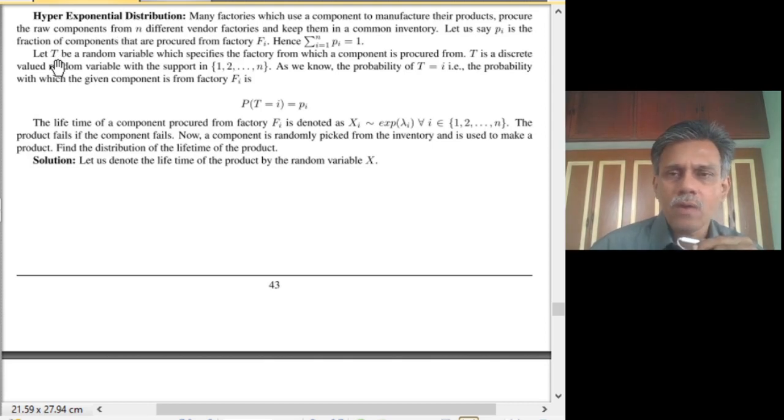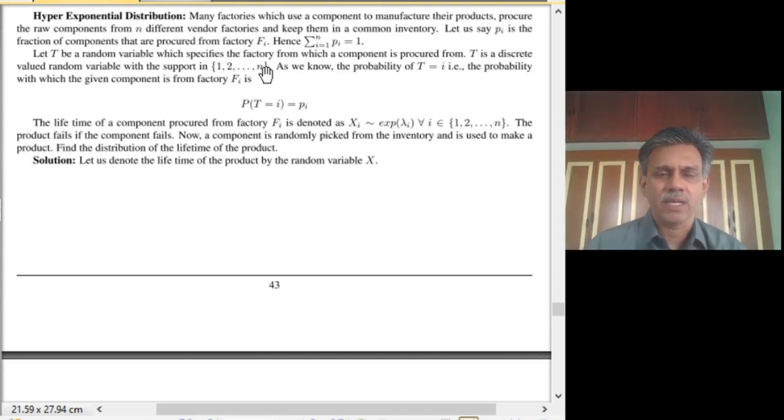Now we will also introduce a random variable t that specifies the factory from which the component is procured. We will give a number for each of the factories as 1, 2, 3, and n. If t is equal to 1, it means the component came from factory 1. T equal to 2 means it came from factory 2, and so on.